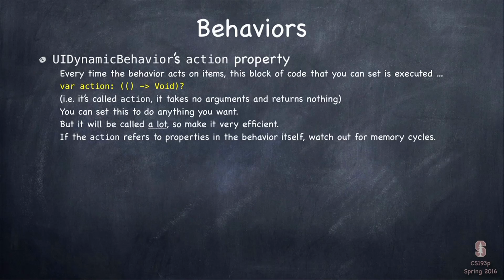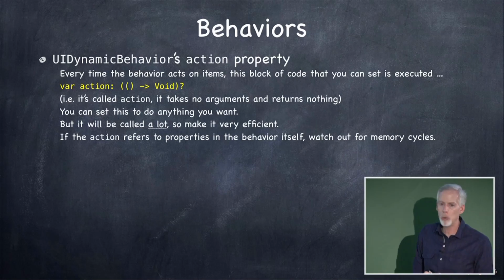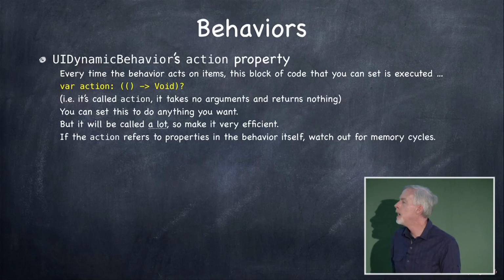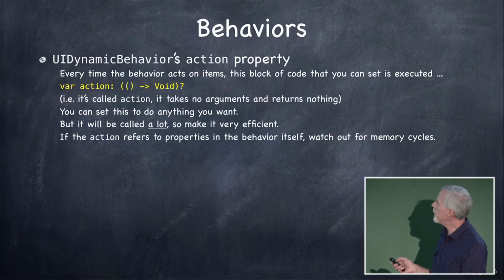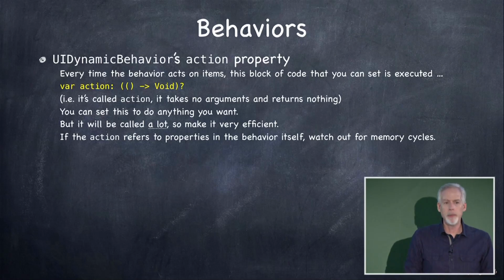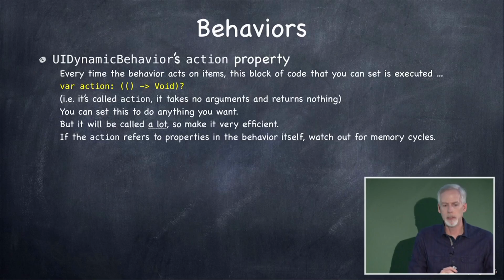UIDynamicBehavior also has a really cool var called action, which is a closure. You can set this closure to anything you want, and every time this behavior does anything, it's going to call this closure. Some behaviors call this all the time because they're always acting on the particular items.